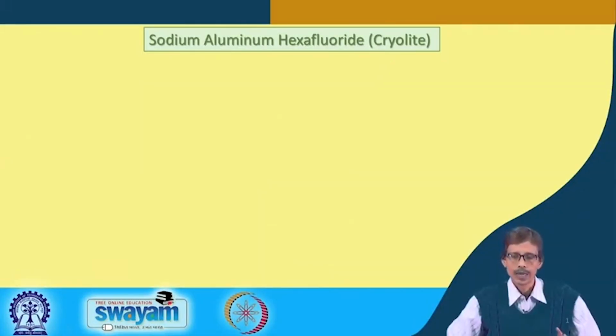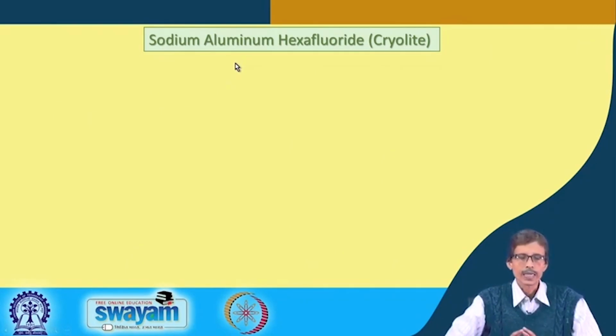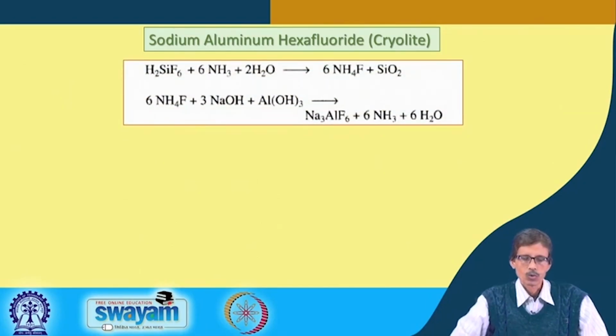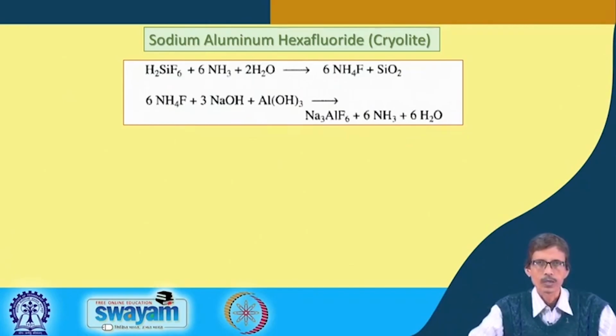We know that this is the typical isolation procedure for the cryolite material from different sources, which can give us the corresponding industrial preparation of aluminum, which is a very important one and is typically an electrolytic process. But if we consider it as a compound, how can you get sodium aluminum hexafluoride from the typical raw materials, because we were talking about the formation of silicon tetrafluoride and hexafluorosilicic acid.